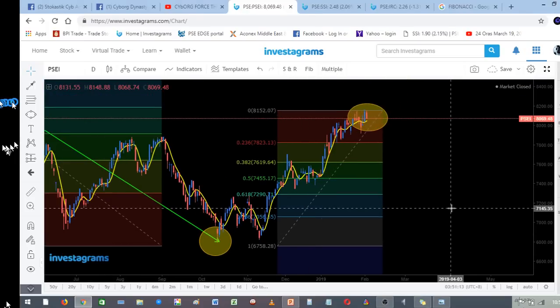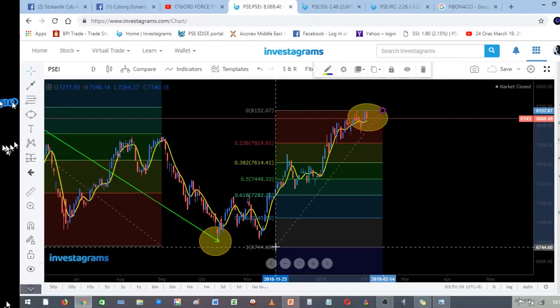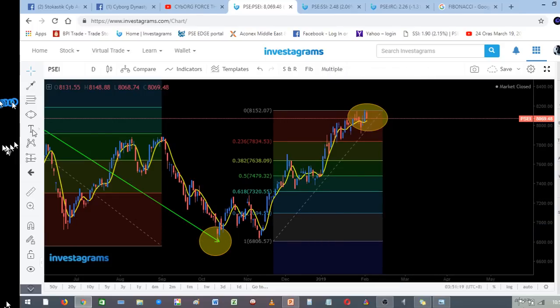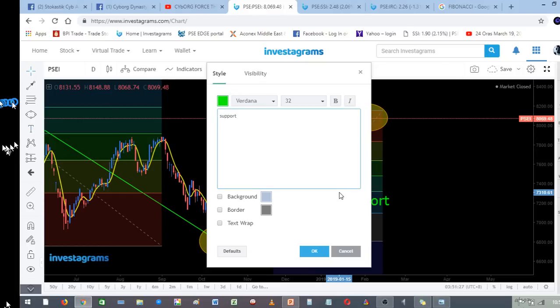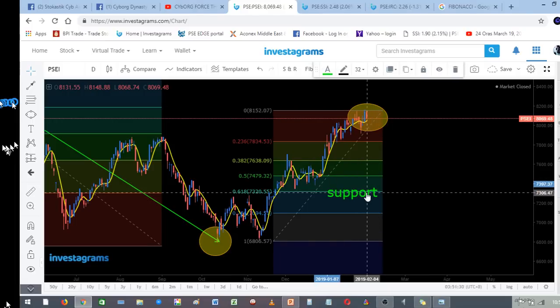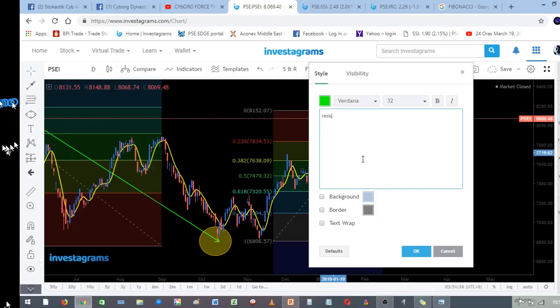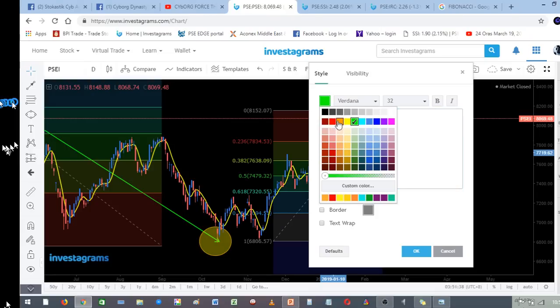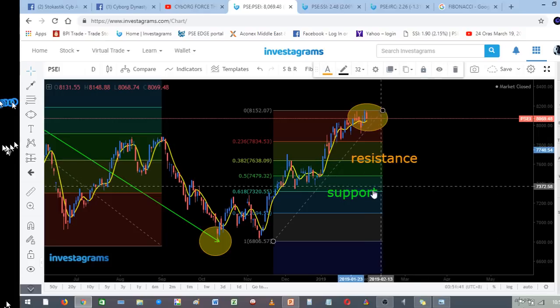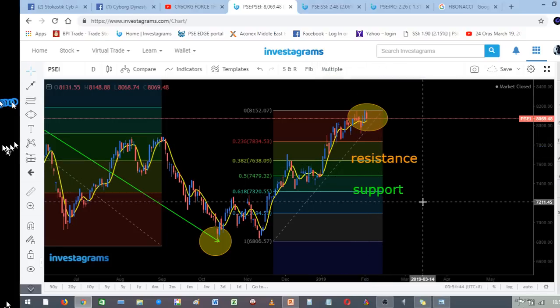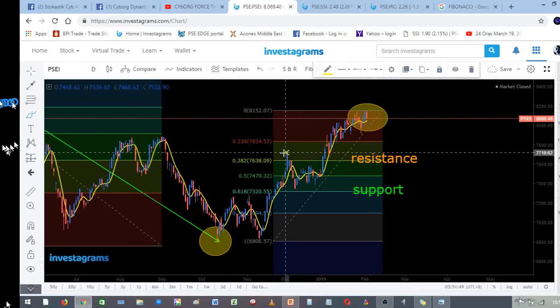A Fibonacci retracement identifies a support and resistance. So this is now your support, and this is now your resistance. To identify the stop, let's mark this one. So this is your resistance and this is your support.